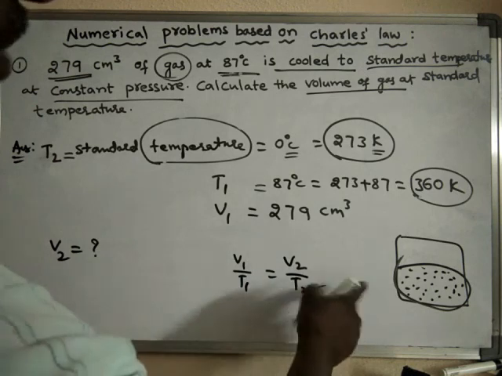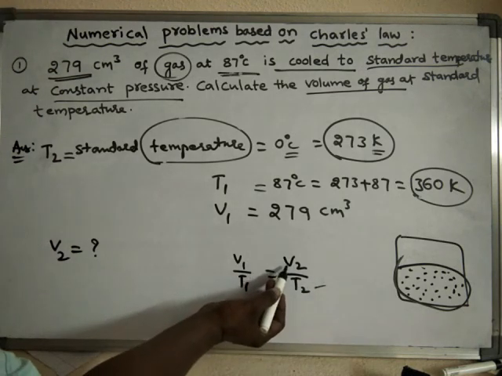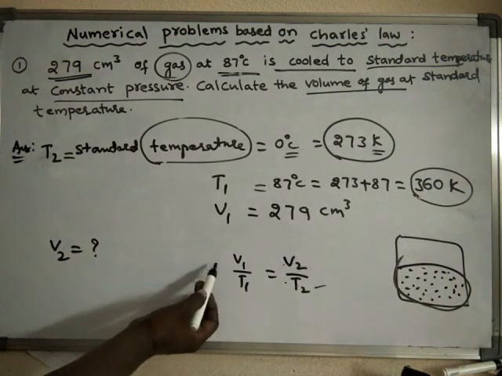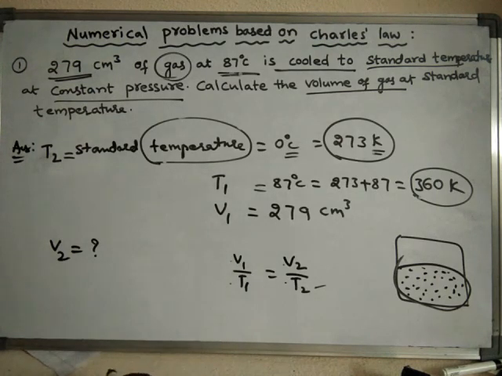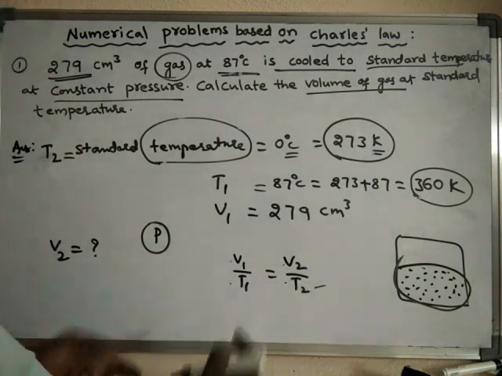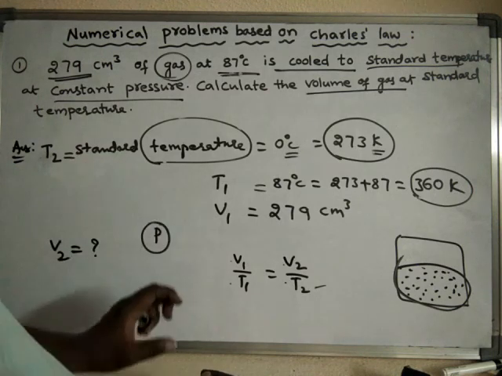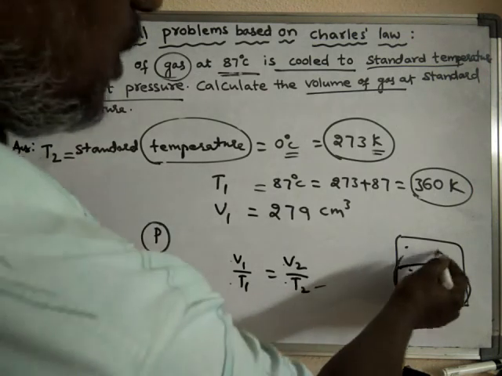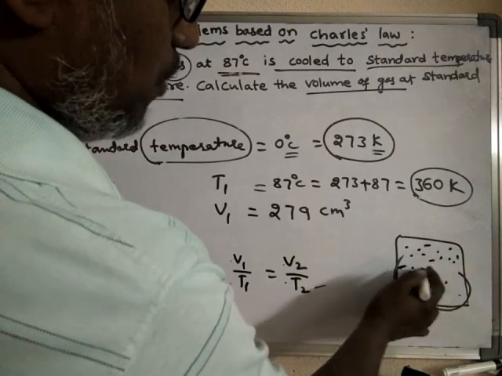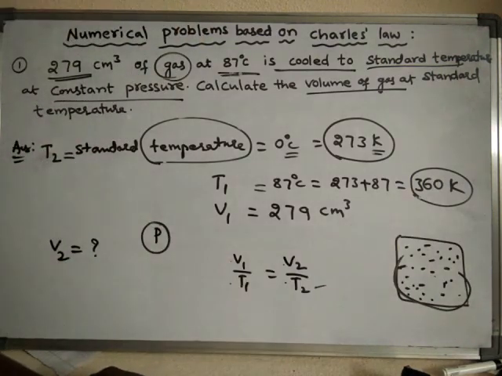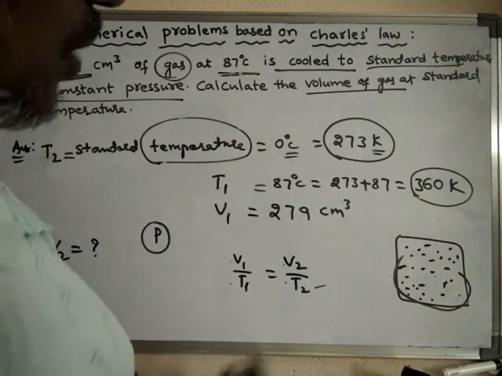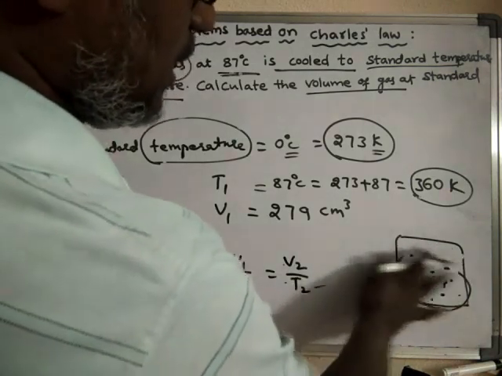Always remember that the ratio of volume to temperature at this condition should be equal to the ratio of volume and temperature at the initial conditions, because in both conditions the pressure is the same and the amount of gas is also the same. Initially the volume of the gas was this much, at some temperature. Now the temperature is decreased, so the volume also will decrease.